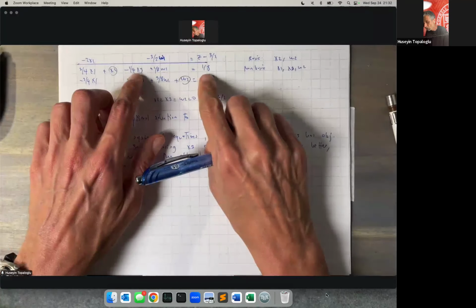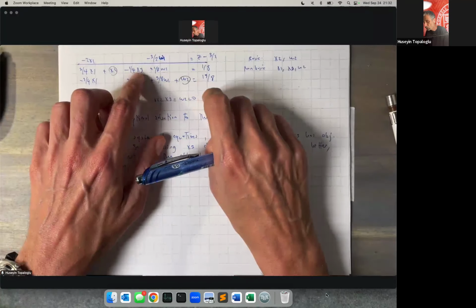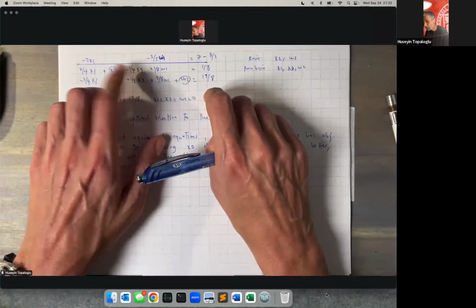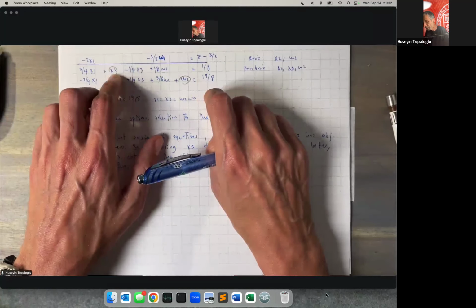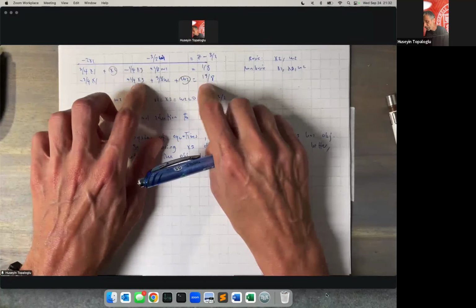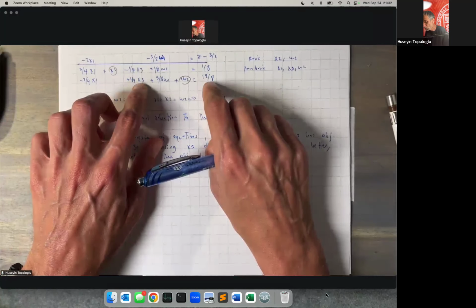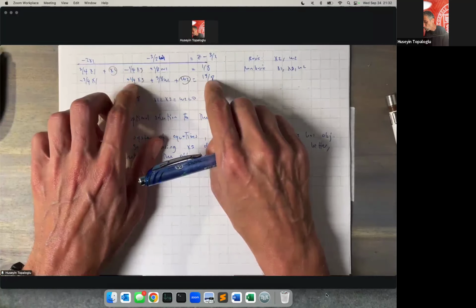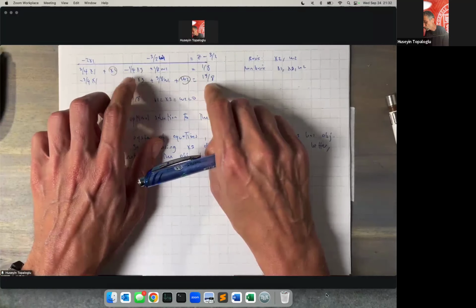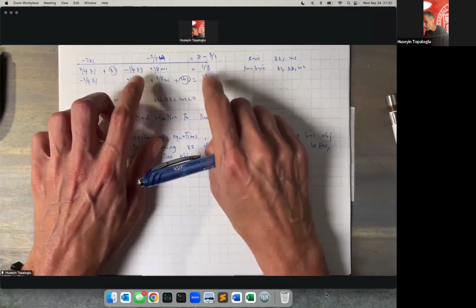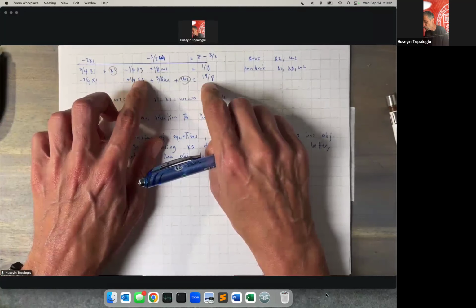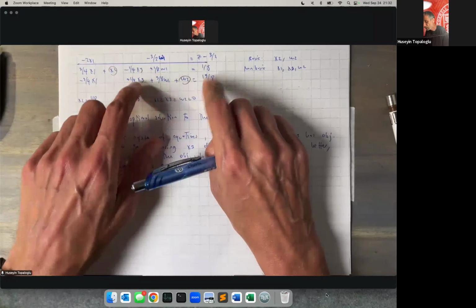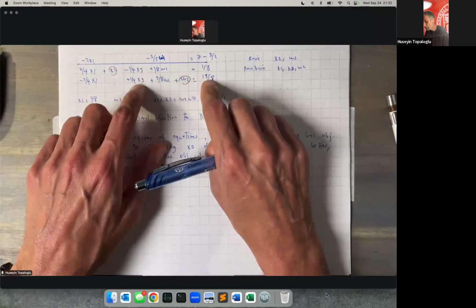If I increase x3, from the first constraint row, x3 appears with a negative coefficient over here. I can increase x3 as much as I want without x2 turning negative. From the second constraint row, I can increase x3 all the way to 19 over 8 divided by 1 over 4. That's 19 over 2. I can increase x3 all the way to 19 over 2 before w2 turns negative. So the second constraint row is binding.